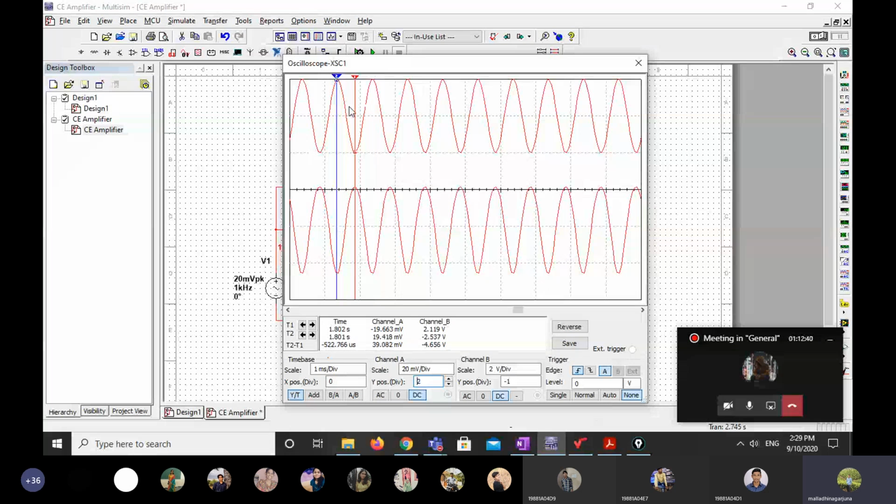Peak to peak is 4.656 volts: positive peak 2.119 volts plus 2.537 volts, the total is 4.656 volts.